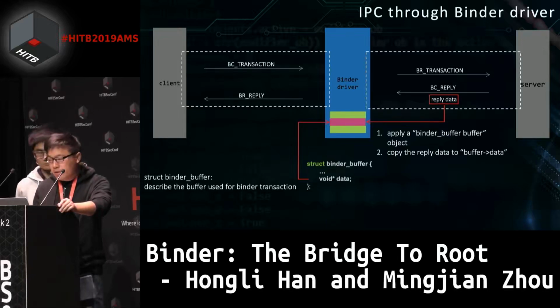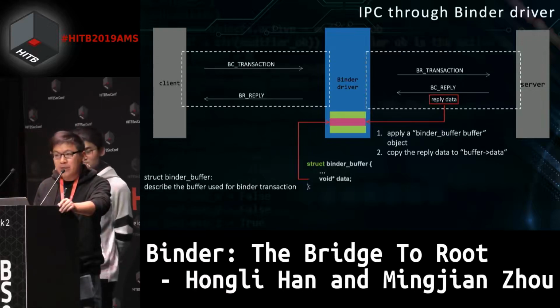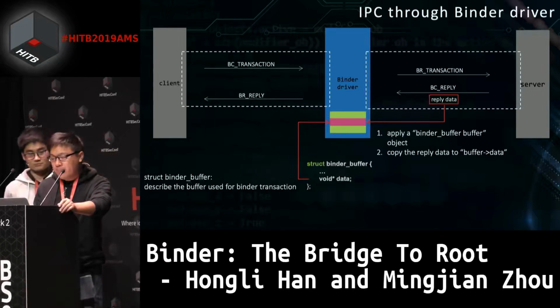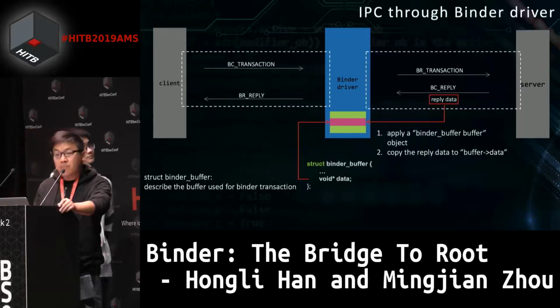When the server sends BC reply to the driver, what happens in the bundle driver? The driver allocates a bundle buffer object and then copies the reply data to the buffer data.